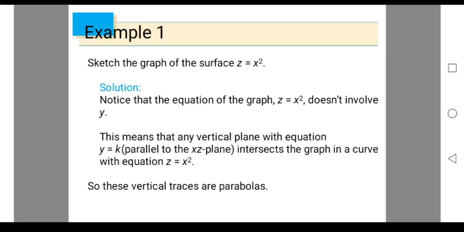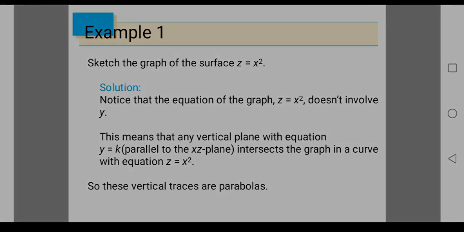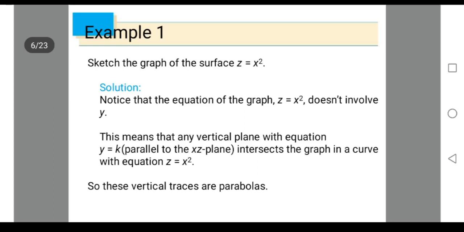Now you can see here on the screen it's z is equal to x square and y is missing. So we are talking about cylinders because we are just mentioning two variables. We are not naming y over here. So when an equation has two variables, it will be a cylinder.